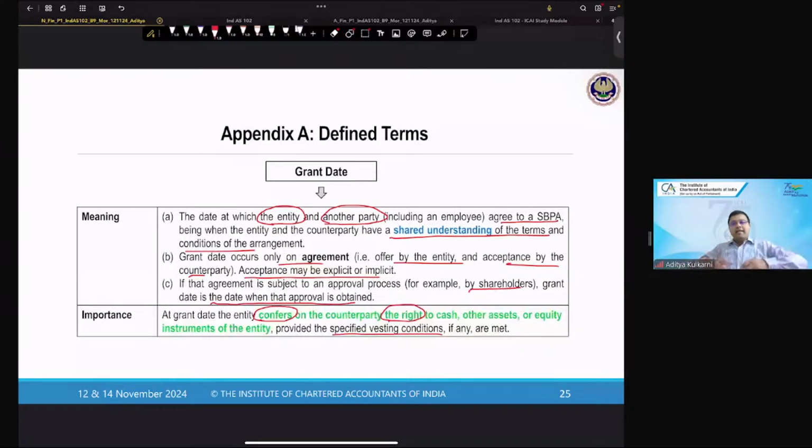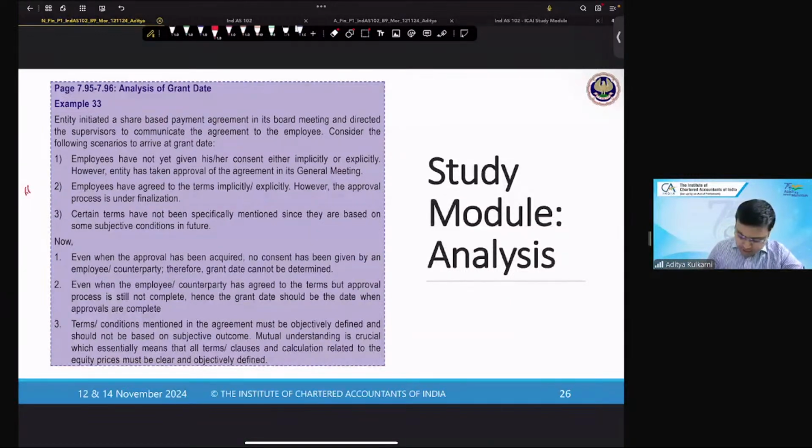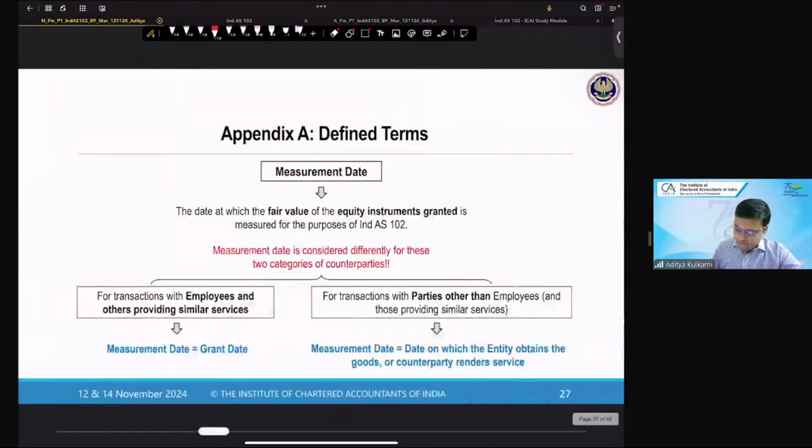So the grant date is, I am giving you the right, provided you fulfill my conditions. That is effectively the meaning of grant date. Are we okay with this? Yes. All right, you can go through these examples.